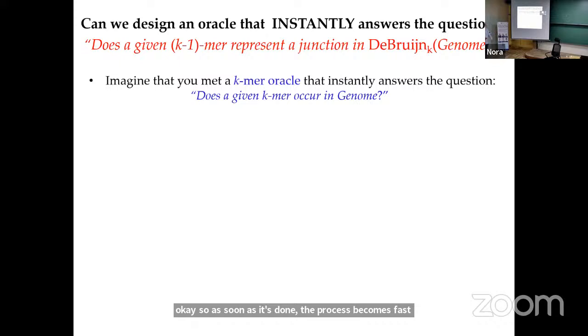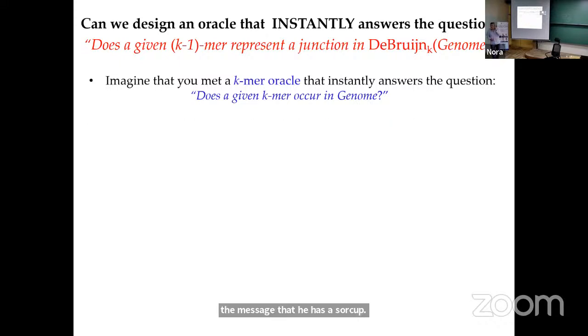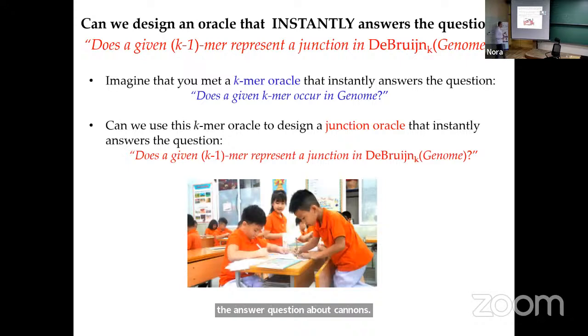So imagine that we have an oracle that answers questions about k-mers. Can we design a junction oracle that instantly answers the question, does a given (k-1)-mer represent a junction? Imagine that we can immediately answer the question, does a given k-mer occur in the genome? It's a basic question about the genome, right?